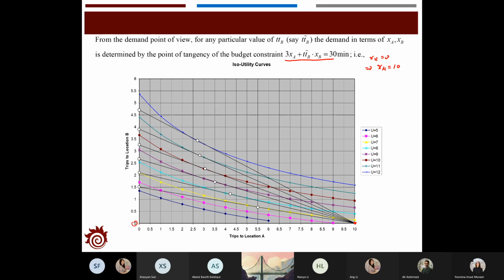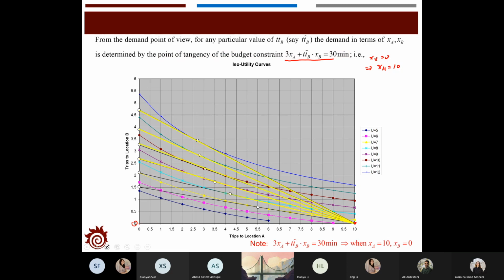That's where the x-axis is. All the budget lines should intercept at this point. And now let's draw the first budget line. Let's draw one line which will be tangent to the isoutility curve with u equal to 12.